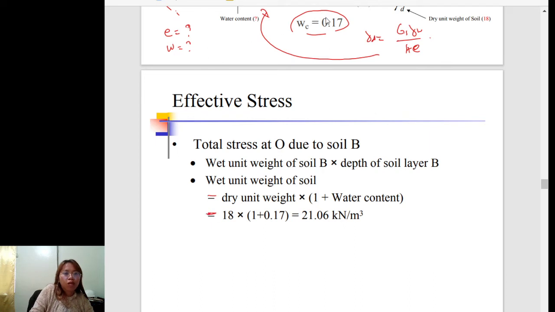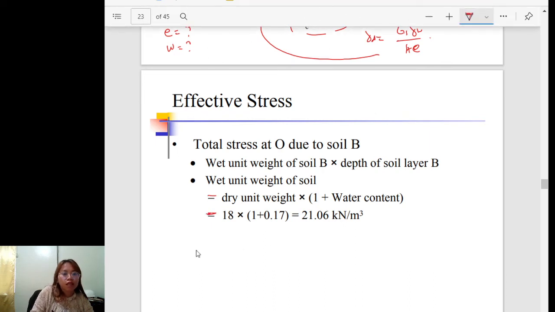So nakuha na nimo ang water content, proceed ka sa dry unit weight, which is actually equal to the GS times unit weight of water over 1 plus, nagamit na to ganina.